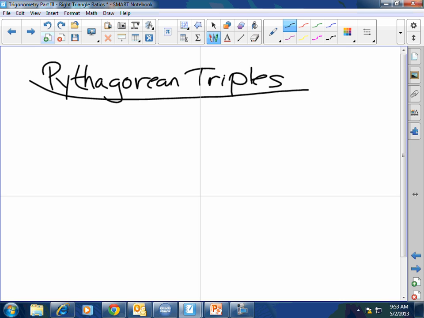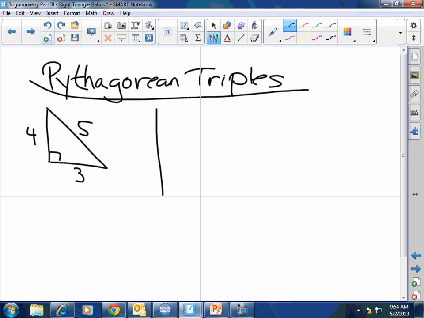The most common one is a 3, 4, 5 triangle. Anytime you have a right angle with 3 and 4 as the legs, the hypotenuse will be 5, period. If the hypotenuse is 5 and one leg is 3, the other is 4. If the hypotenuse is 5 and one leg is 4, the other is 3. And any multiples of this will work.